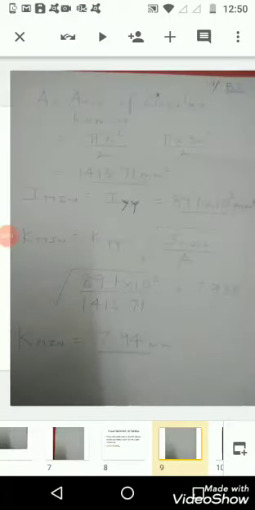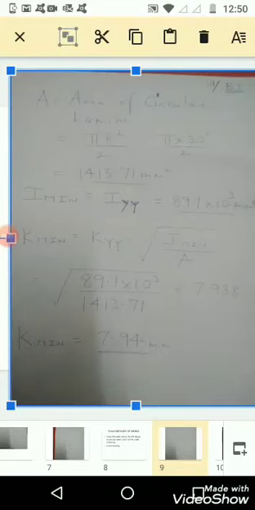Next slide. Now to calculate minimum radius of gyration, A is required, that is area of the semicircular lamina, which is equal to pi r square divided by 2, that is equal to pi into 30 square divided by 2. We get 1413.71. Now we have found Ixx and Iyy.